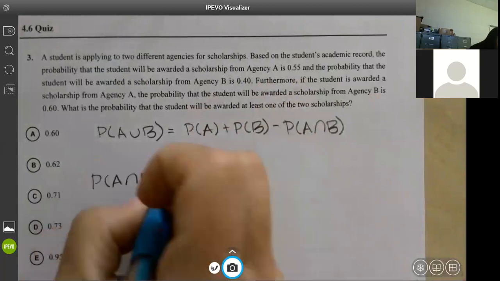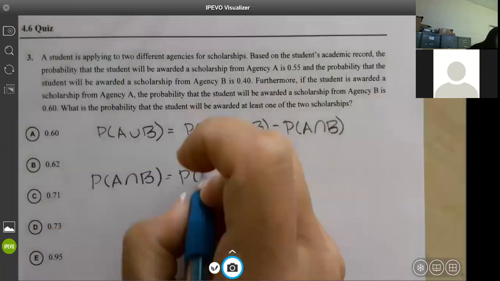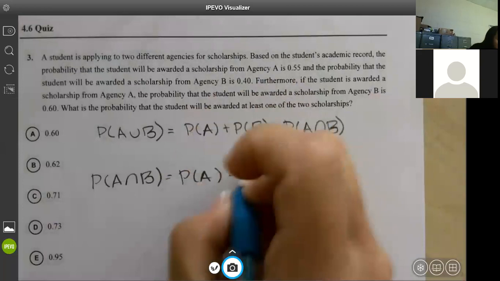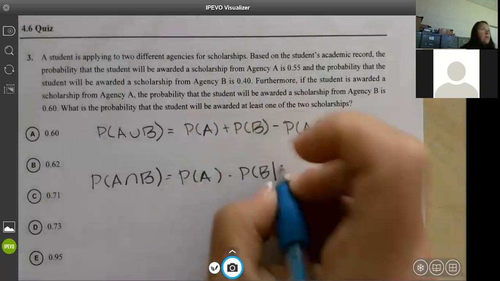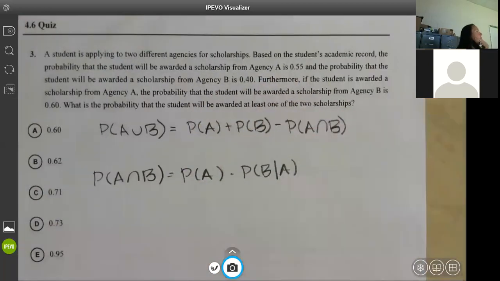Your formula for that is the probability of A times the probability of B given A. This formula is also, I think, on your formula sheets. Okay, maybe all of them are.